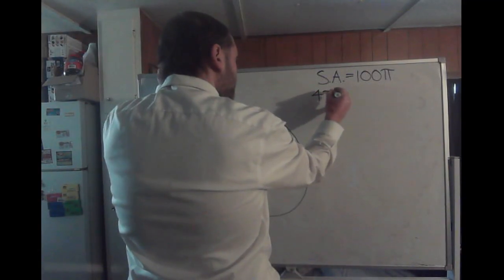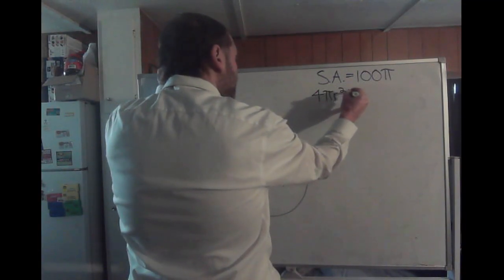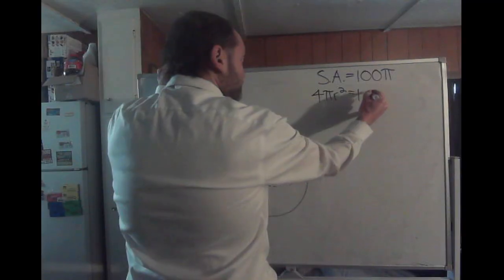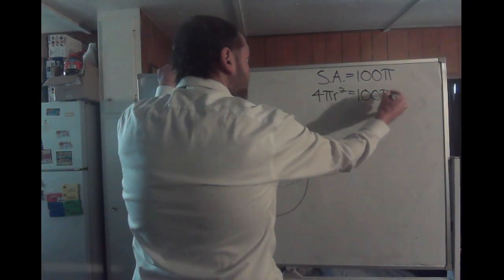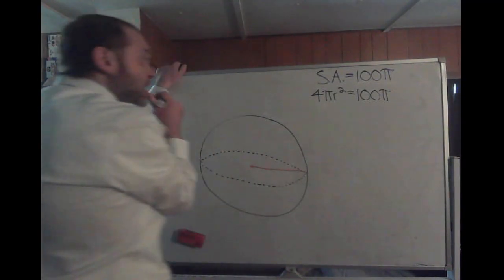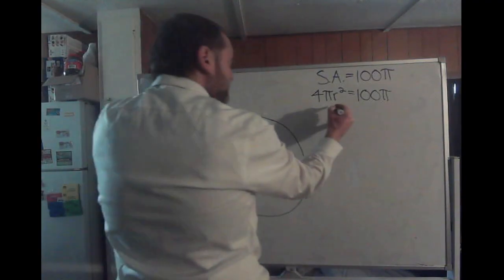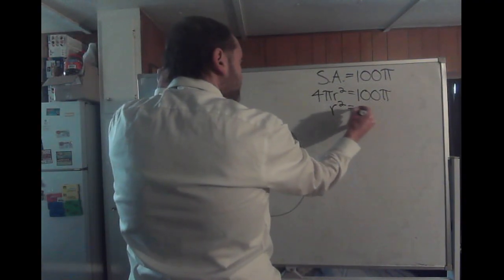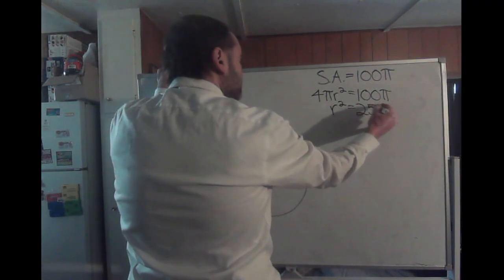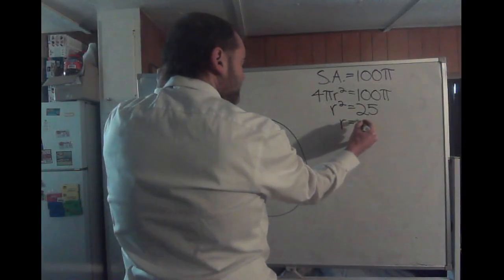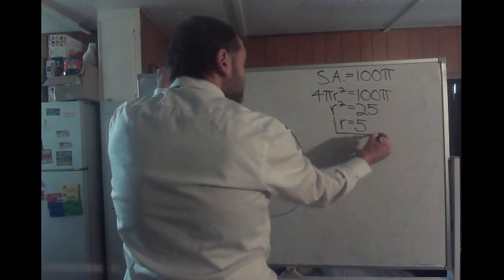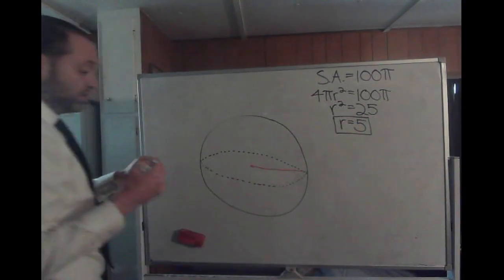Well, that's 4 pi r squared. That would be equal to your surface area of 100 pi. Now, you divide both sides by 4 pi, you'll get r squared equals 25, which would just give you a radius of 5. So the radius of this sphere is 5.